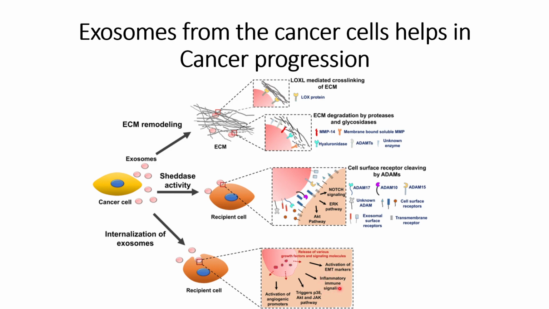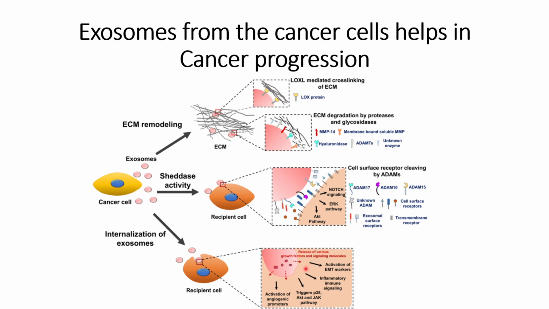Simultaneously, it releases inflammatory immune signaling, and that also helps in the proliferation of the cancerous cells, and the EMT markers help in spreading or metastasizing the cells from one place to another.